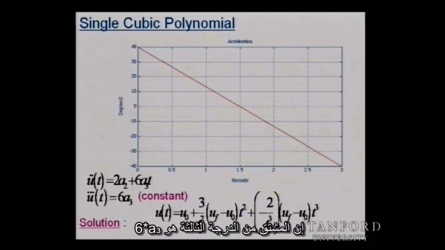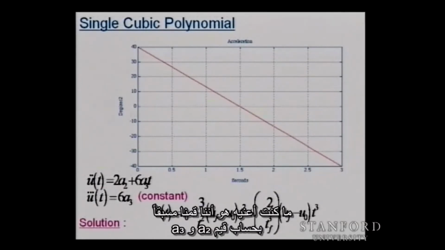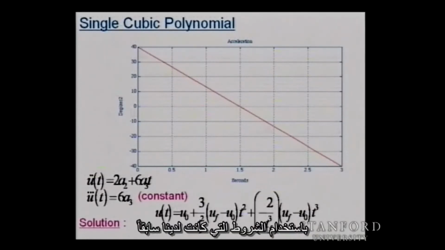The third derivative is 6A3. Here, this is the acceleration, U double dot of t, it's a straight line. What I meant is that the values A2 and A3 have already been computed using the conditions that we had before, right?